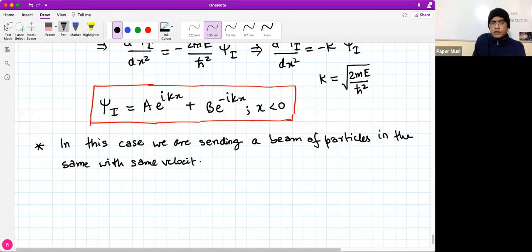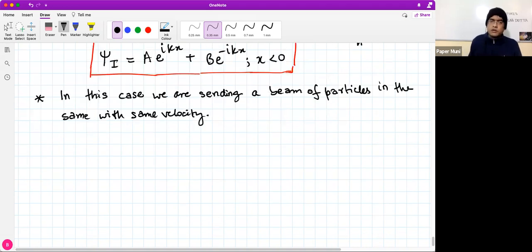So in this case, we are not just speaking about a single particle, we are talking about a stream, a beam of particles. So this wave function represents the whole collective beam, and we are sending it with the same velocity.